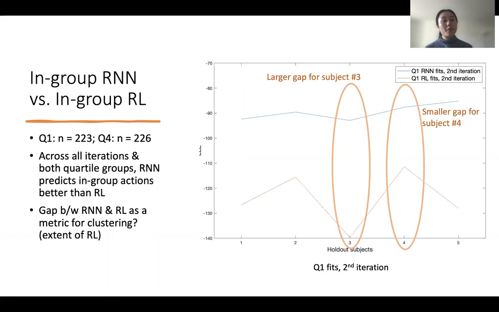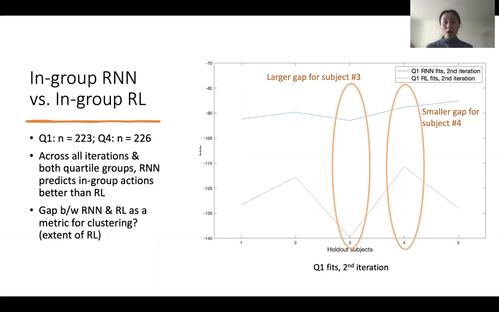First, after comparing RNN versus RL, we concluded that just across the board, the RNN predicts in-group actions better than the RL. This means that you train and test both RNNs and RLs within the same group.